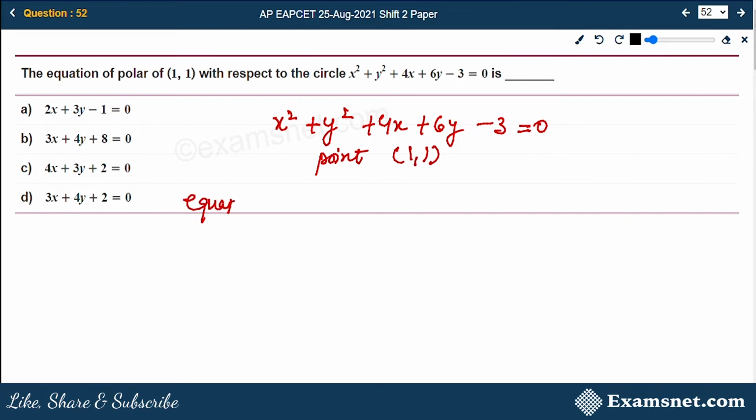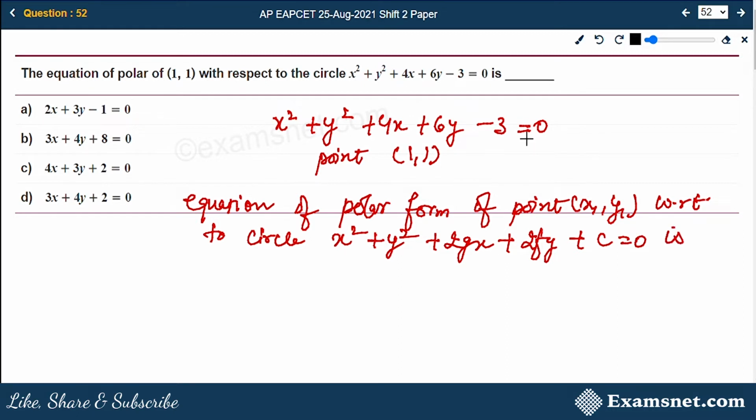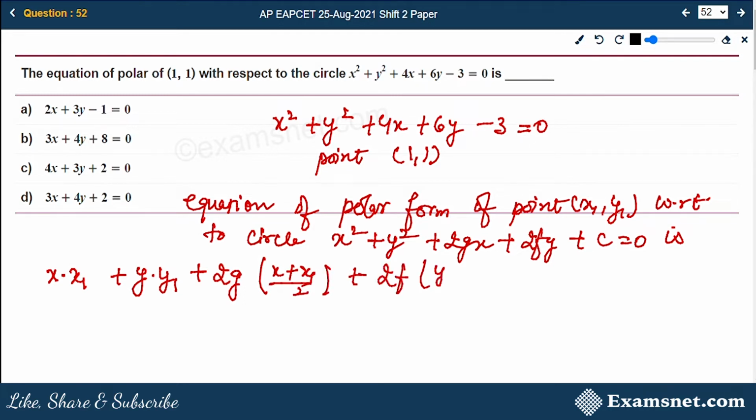The equation of the polar of any point (x1, y1) with respect to the circle x square plus y square plus 2gx plus 2fy plus c is equal to 0 is given by x into x1 plus y into y1 plus 2g times (x plus x1) upon 2 plus 2f times (y plus y1) upon 2 plus c is equal to 0.